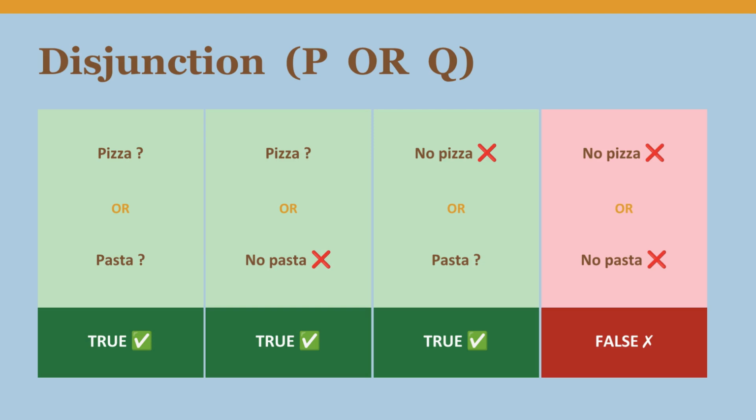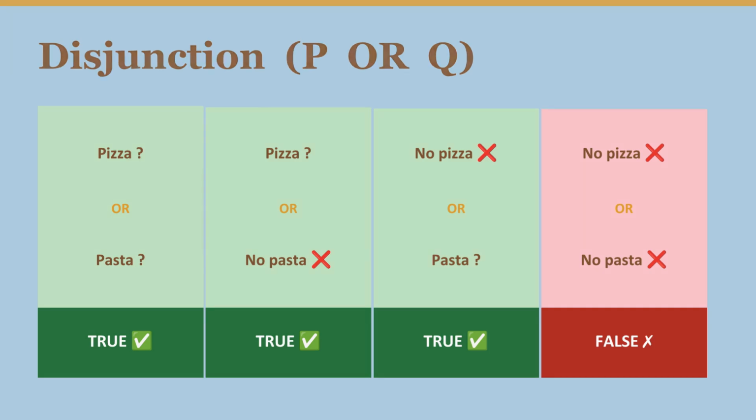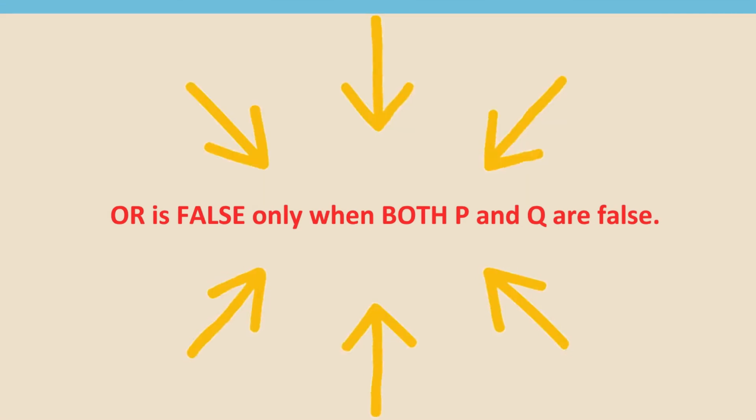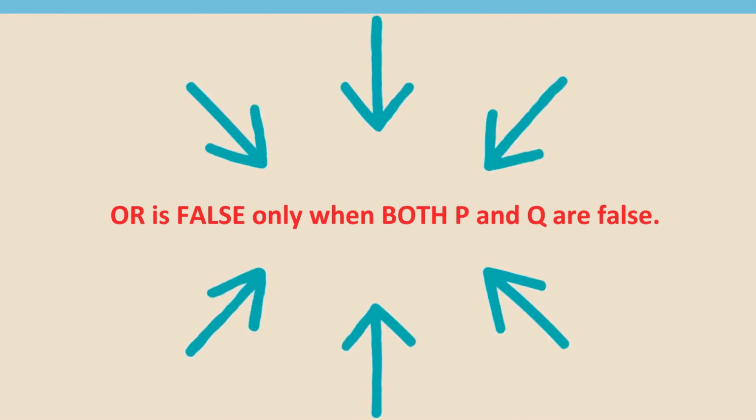As long as at least one proposition is true, the statement holds. It's only false in the last case, when both propositions are false. So the rule for disjunction is: the or operator is false only when both p and q are false. Otherwise, it's true.